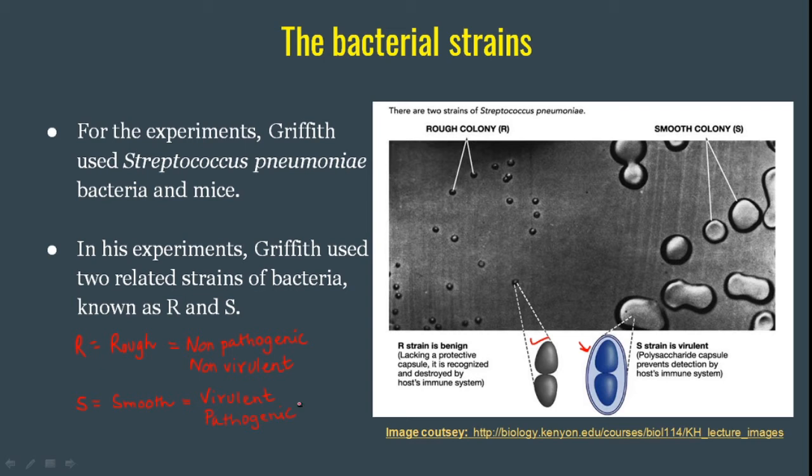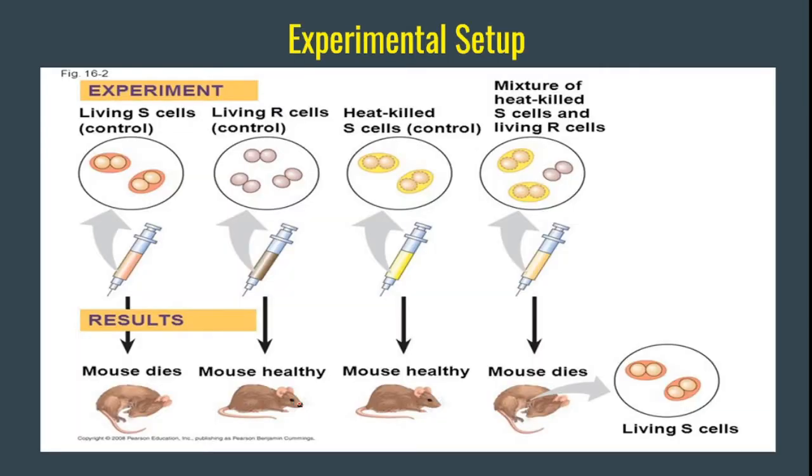Now let us see what the experimental setup was. In the first set of experiments, Griffith injected living S strain bacteria into the mice and the mouse died. As we knew the S strain is virulent, it killed the mice. In the second set, living R strain was injected into the mice.